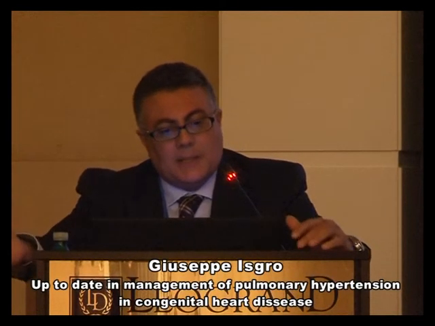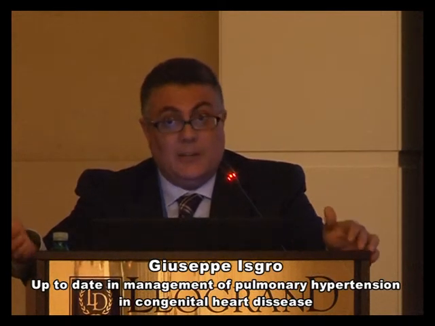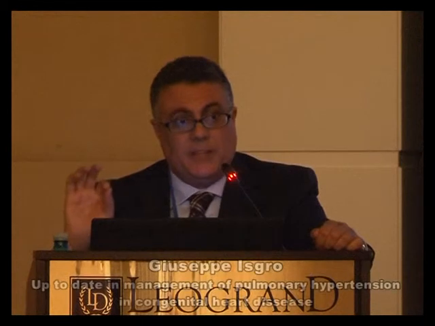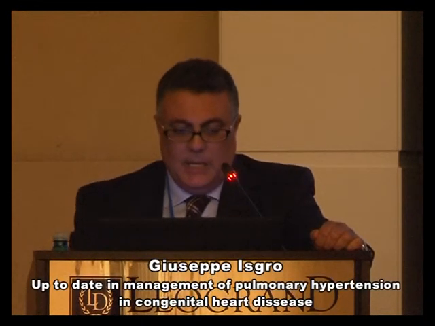Most promising is the combination therapy. There are a lot of trials that talk about the combination therapy, especially bosentan and epoprostenol, BREATH-2 and BREATH-5. But this combination therapy until now is reserved only to a subset of very, very specific patients.